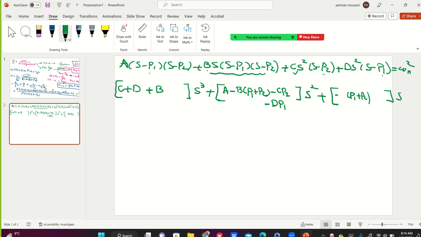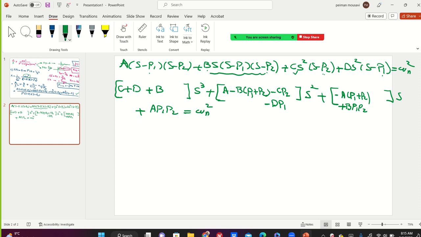Here I'm just writing A from here. Here you're going to have plus B p1 p2 from here. And finally, the only thing that you have as a constant number is A p1 p2 equals omega n squared. Let me double check everything.